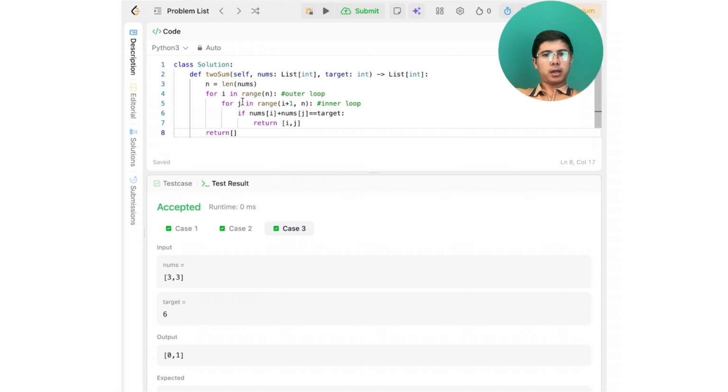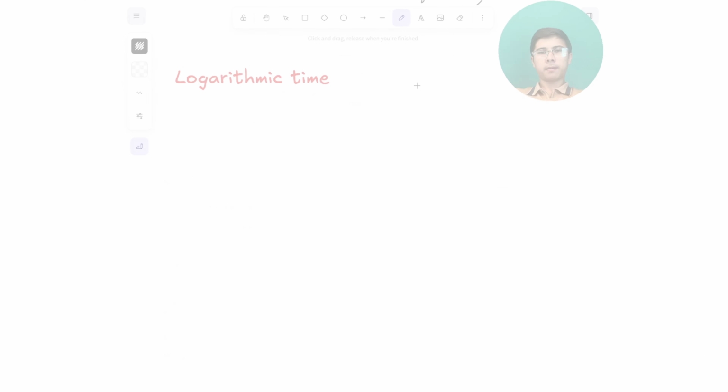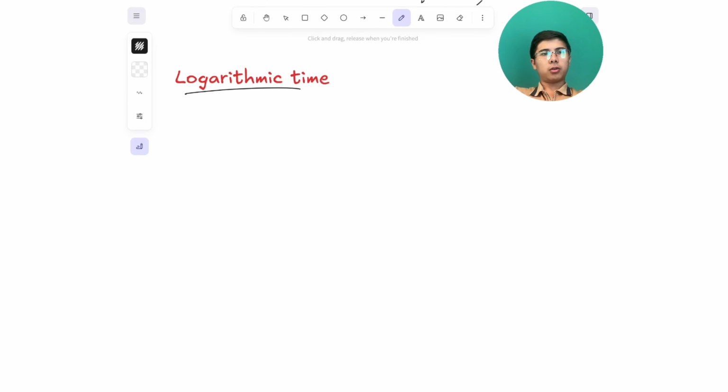This is a main case of quadratic time complexity. So the next topic is logarithmic time. Logarithmic time means the input size becomes smaller by a fixed ratio in every iteration. Instead of checking every element one by one, the algorithm repeatedly eliminates a large portion of the remaining data.